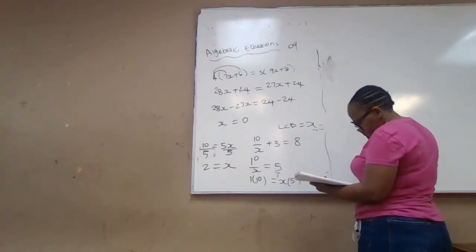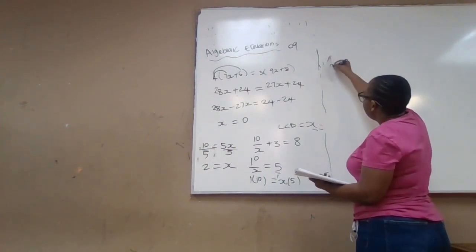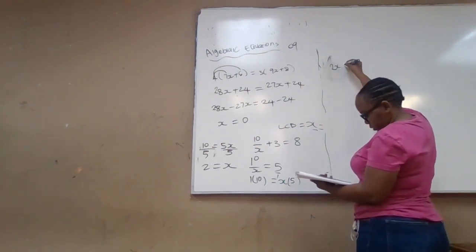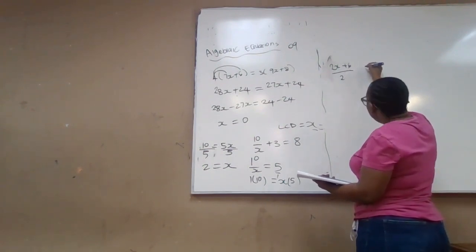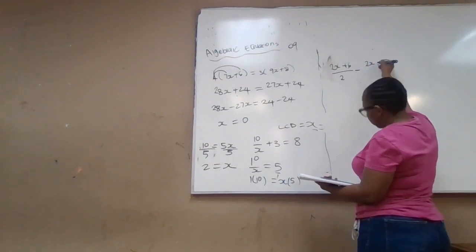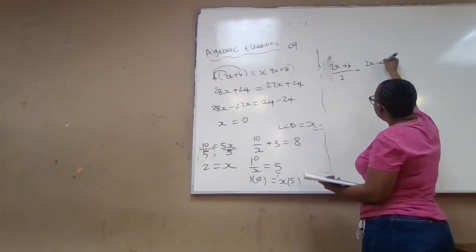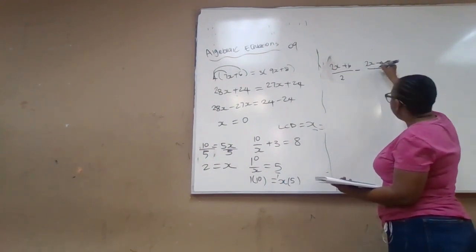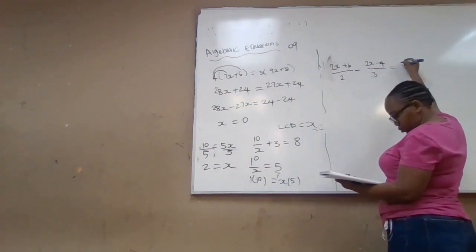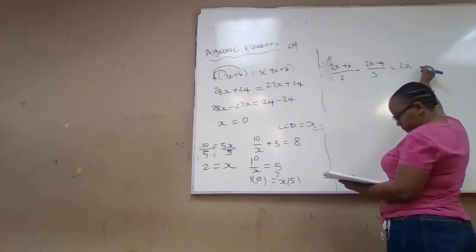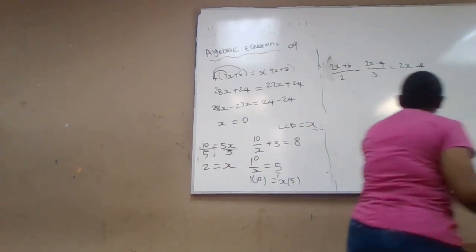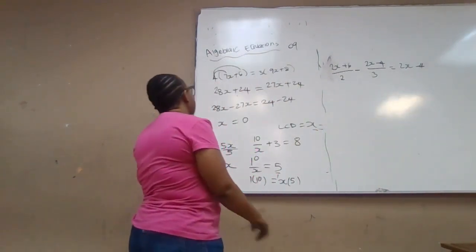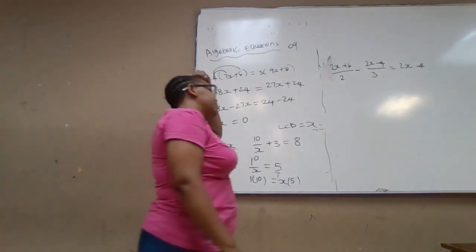Okay, let's try another one. We have 2x plus 6 over 2 minus 2x minus 4 over 3 equals 2x minus 4. So let's find the LCD.